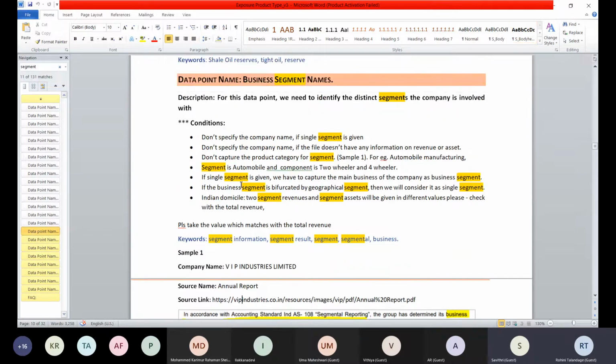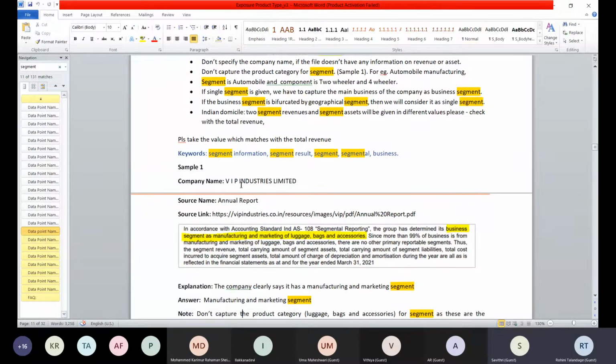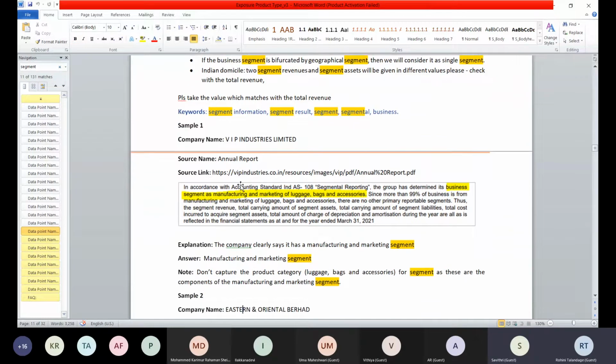If you search with segment, you will get the results. Here they are saying, under segmental reporting, the group has determined its business segment as manufacturing and marketing of luggage, bags and accessories.